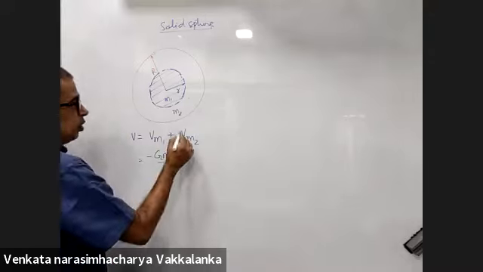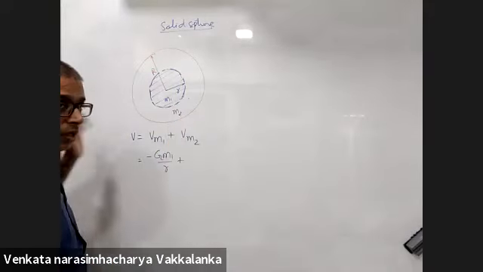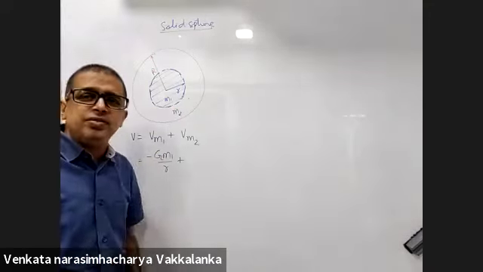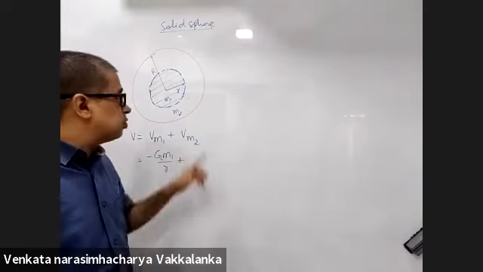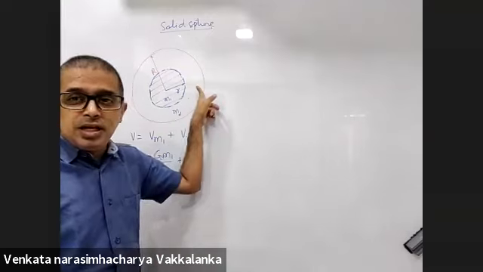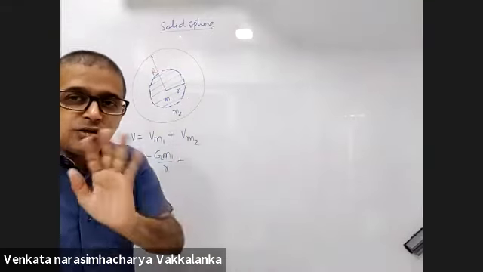Now, potential due to M2. In the case of field, it was quite easy because it was a zero. You added all the zeros. Potential inside a shell is not zero.